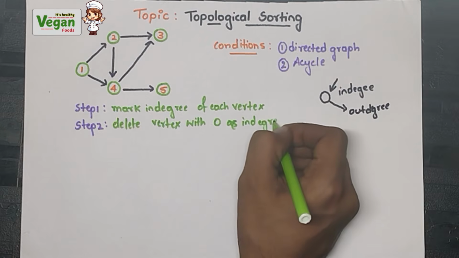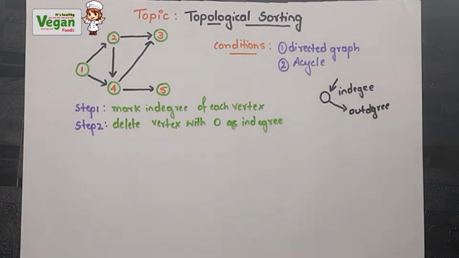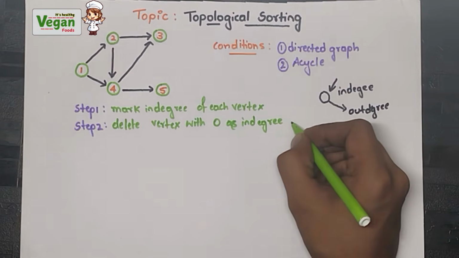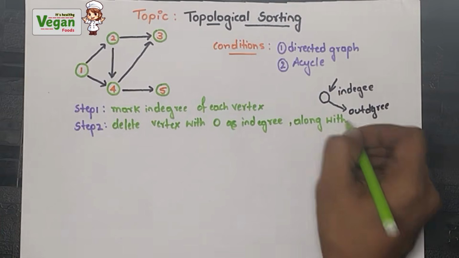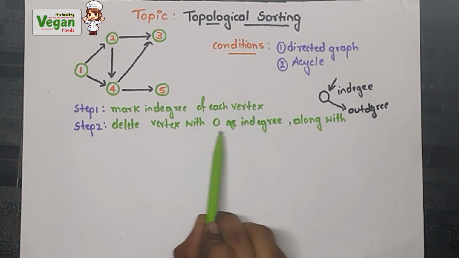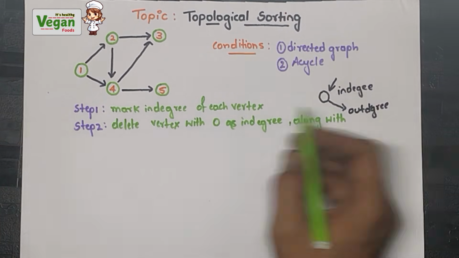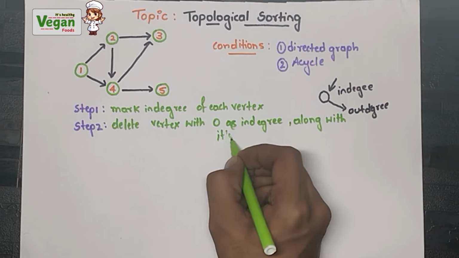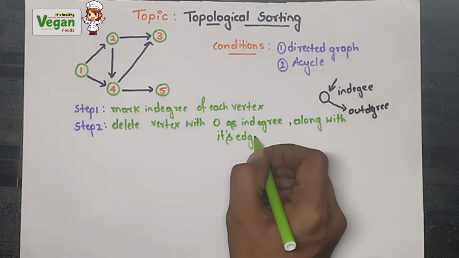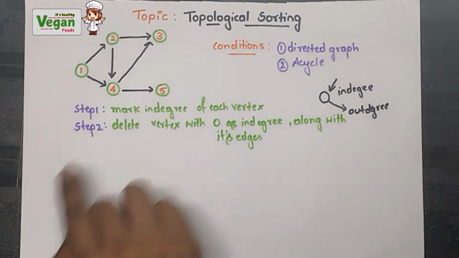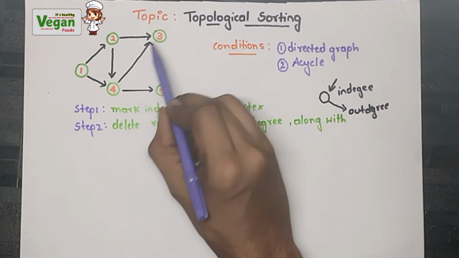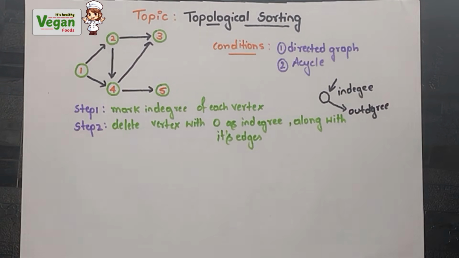If the in degree value of a vertex is equal to 0, delete that vertex along with its edges. You must delete both the vertices and its edges. These edges specify the relation between the vertices.